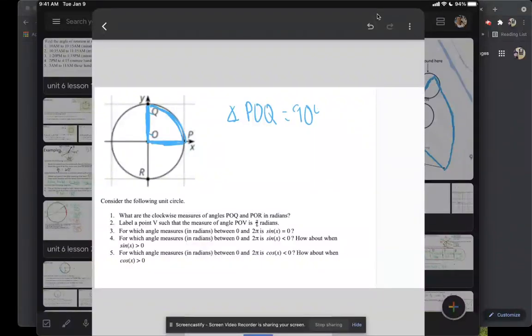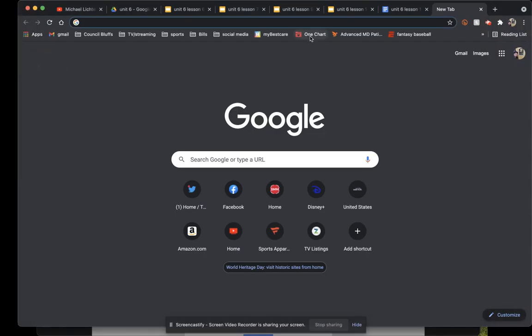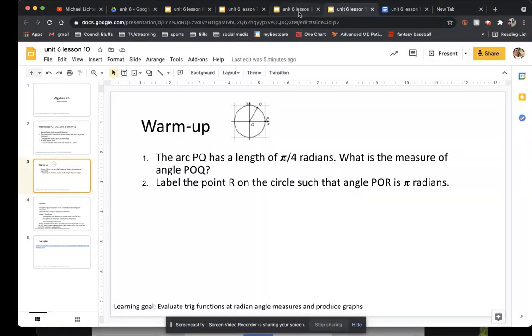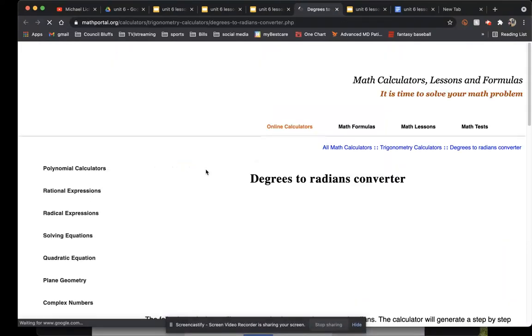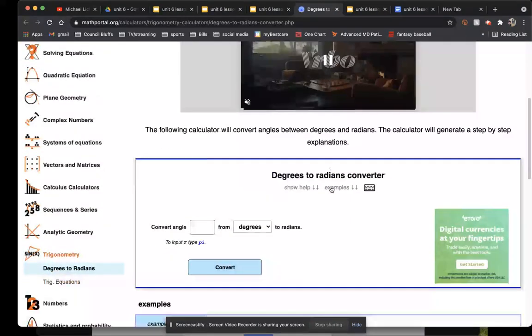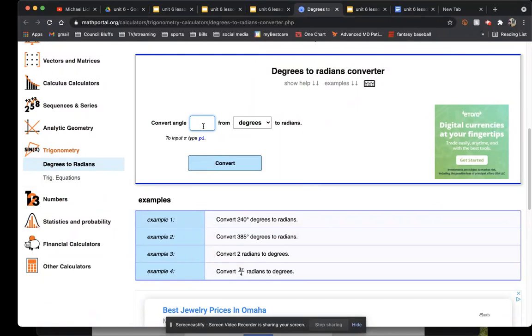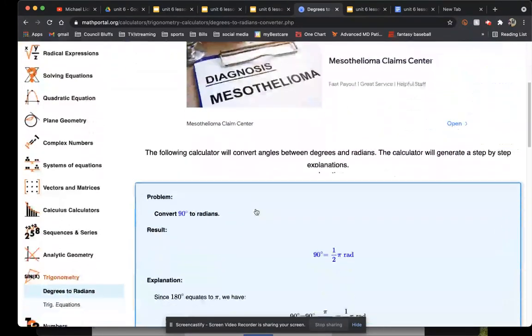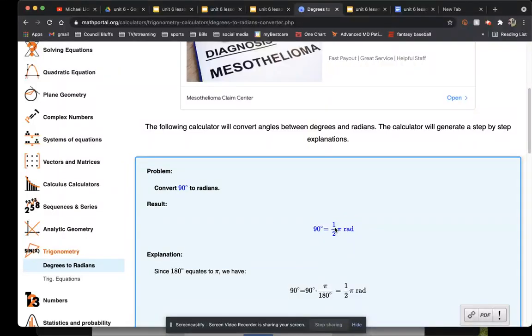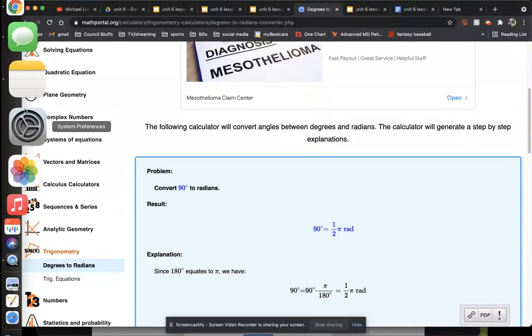is 90 degrees. So now all we have to do, if we go back to lesson 9, is go to our radian degrees calculator converter. We're going to convert 90 degrees to radians, and that is 1/2 pi or pi over 2 radians.